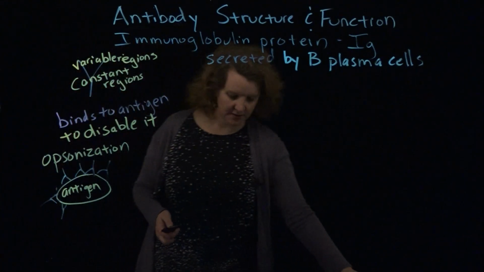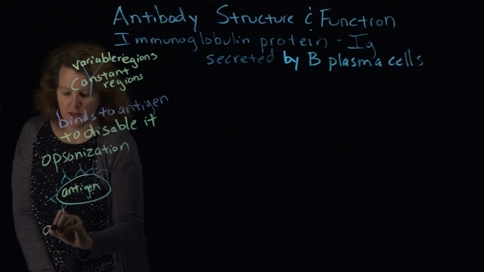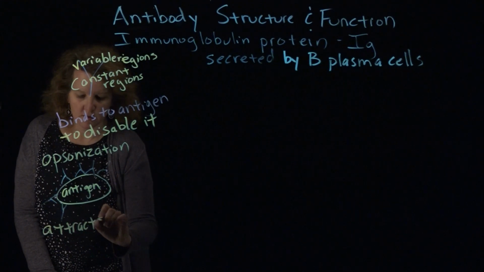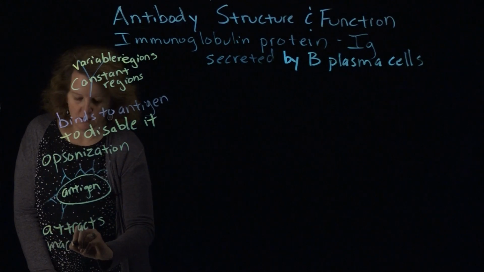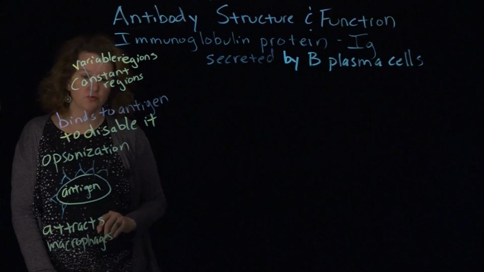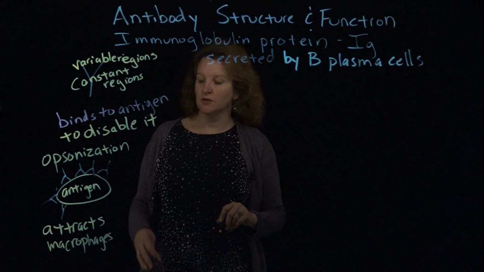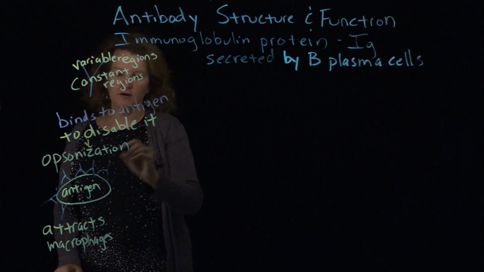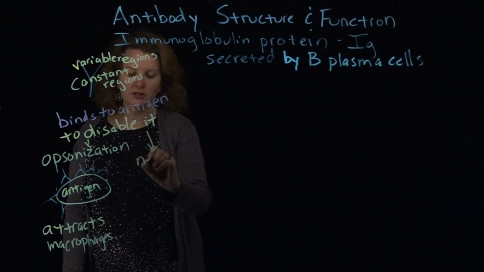And that attracts macrophages. And macrophages are going to ingest the antigen and then hopefully destroy it and then release it in fragments, so through the process of phagocytosis. So that's one function.